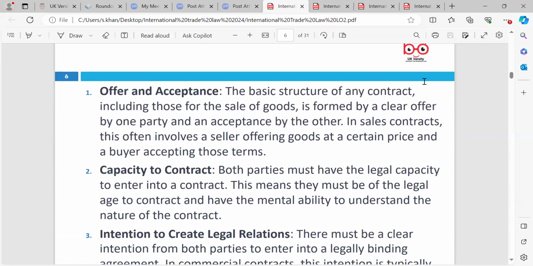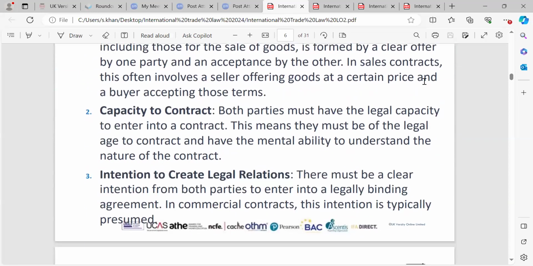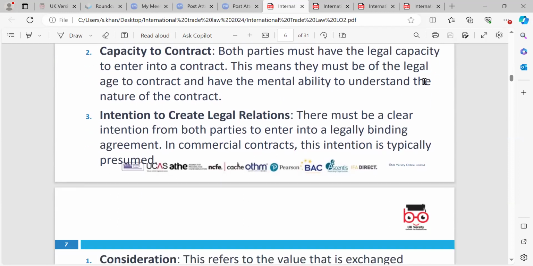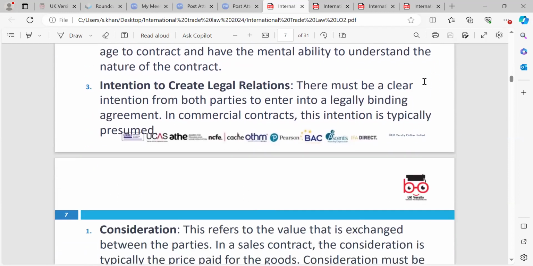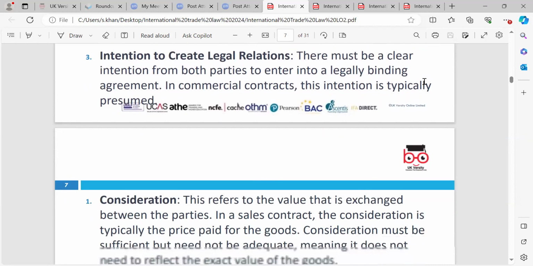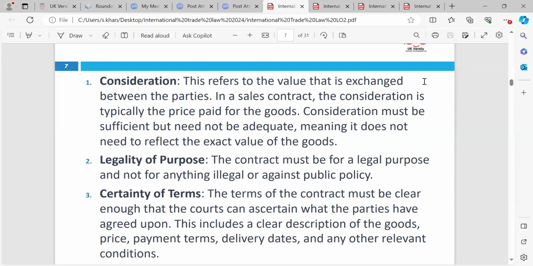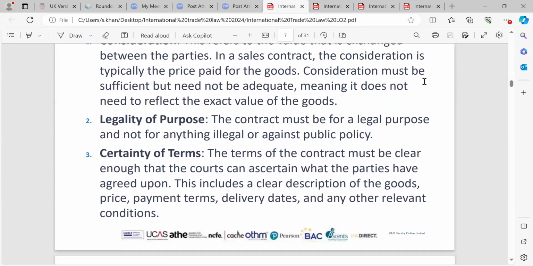Firstly, offer and acceptance, which is the basic structure of any contract. Capacity to contract, so that both parties have the legal mental capacity. Intention to create legal relations, so there must be a clear intention from both parties to enter into a legally binding agreement. Consideration, the exchange of value.